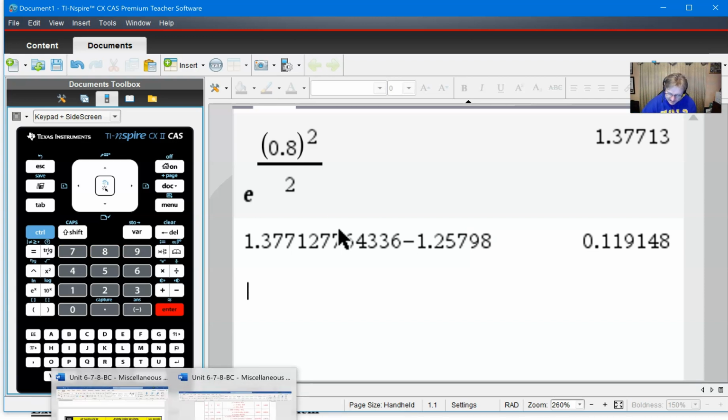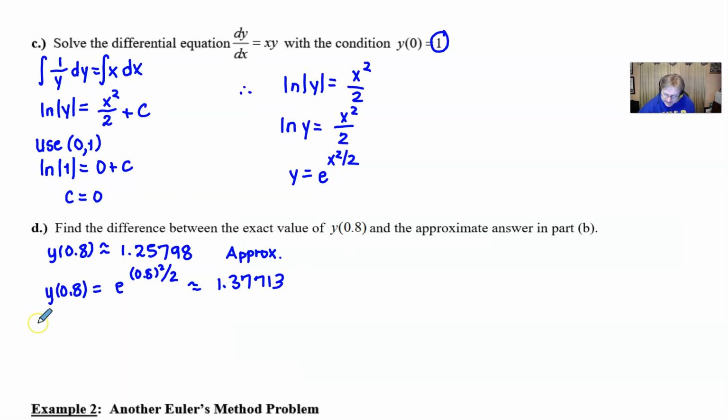And I'm going to stop there at three decimals. So if I subtract the exact minus the approximate, I get approximately 0.119.